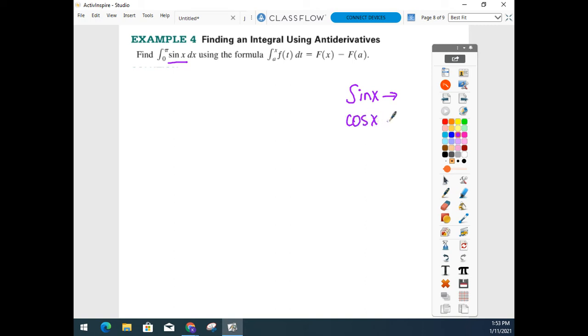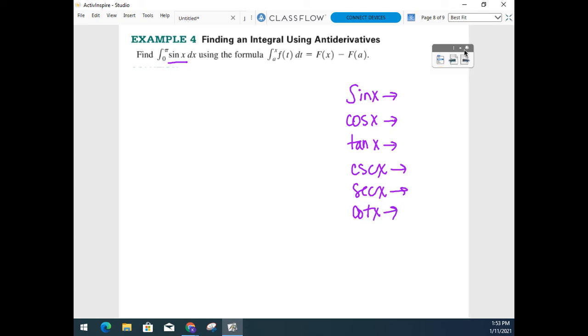Sine, cosine, tangent, cosecant, secant, cotangent. I'm going to move this up. All right. First thing to remember about all derivatives, the co-functions are negative. Sine is cosine. Cosine is negative sine.